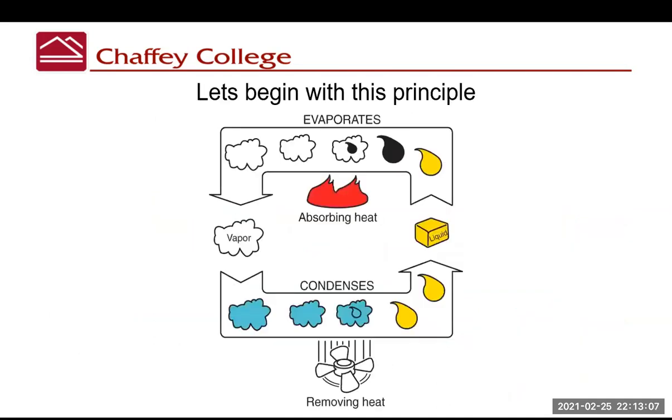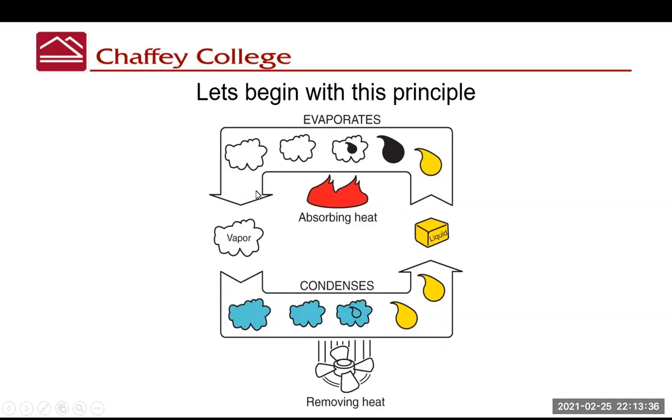Let's start with one important principle, and that is the principle of heat. When an object is heated up, as an example, if we take a liquid and we apply heat to that liquid, it will get hot enough that eventually it will boil into a vapor.